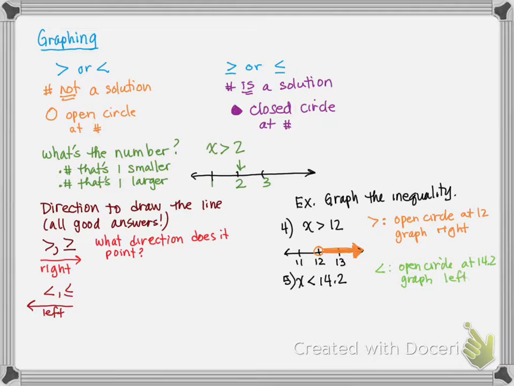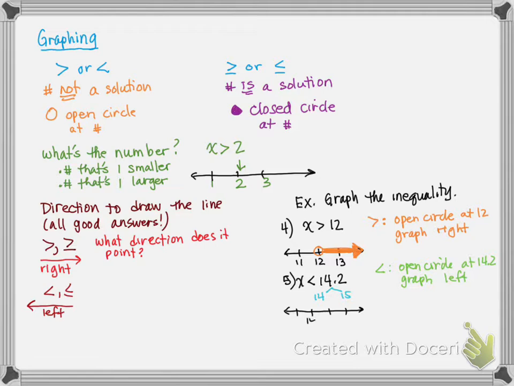Now, 14.2 is not a number on the number line, right? It's a number that falls between two numbers on the number line. So this falls between 14 and 15. So in addition to those two, you're going to have to put the number that comes in front of 14 and the number that comes after 15. So in this case, you will have four numbers.